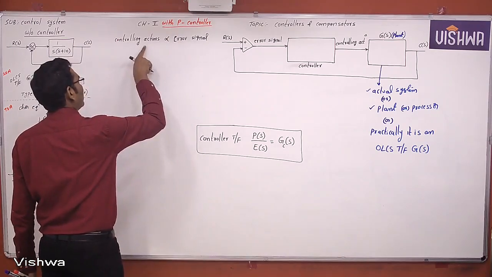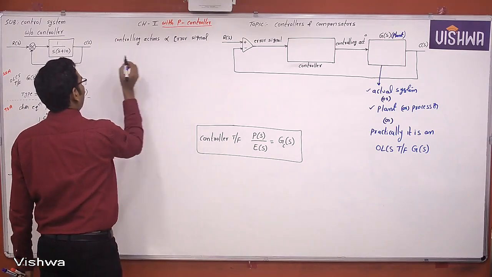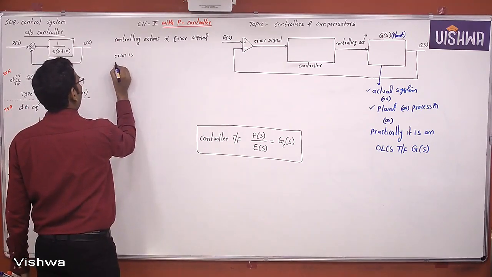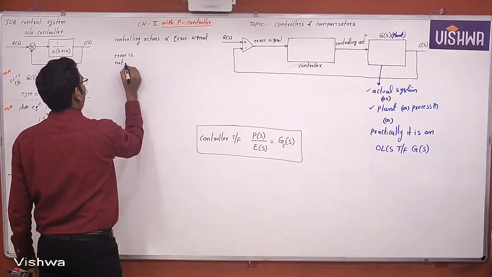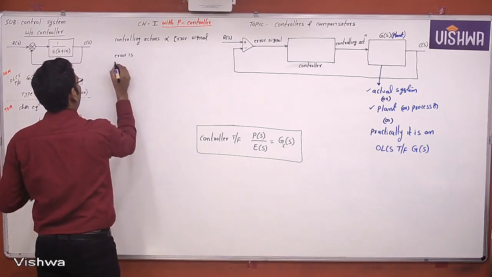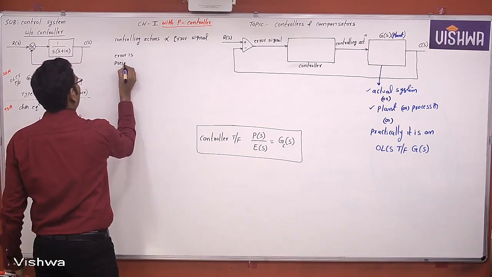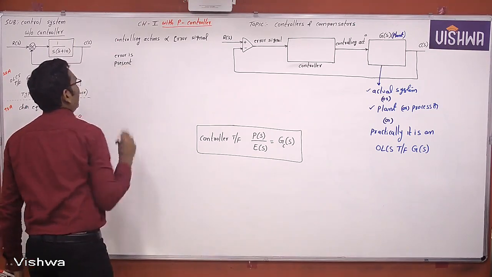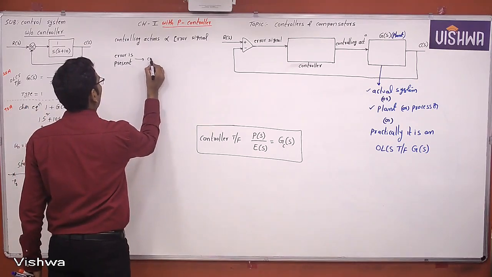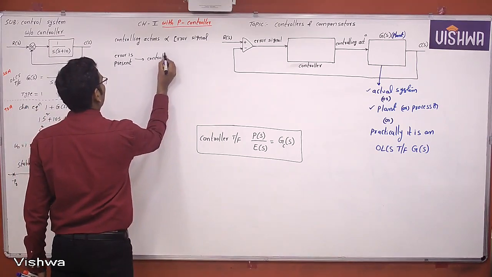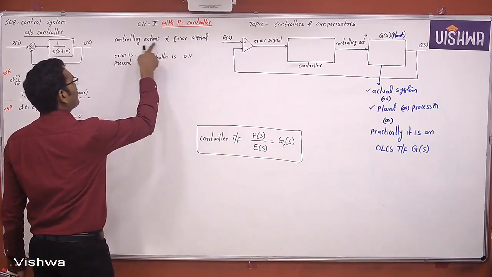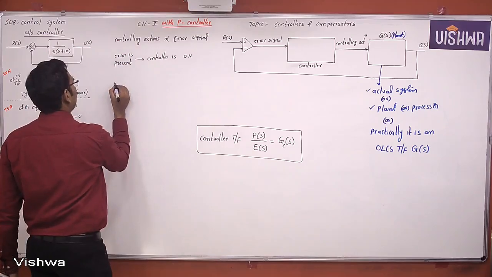The controlling actions are directly proportional to the error signal, which means when error is present, the controller is in on position, because controlling actions completely depend upon the error signal.